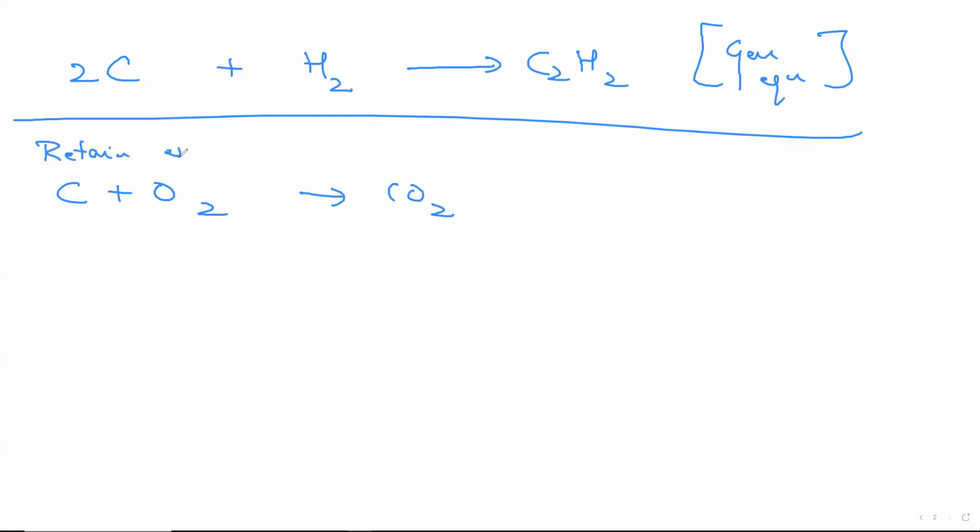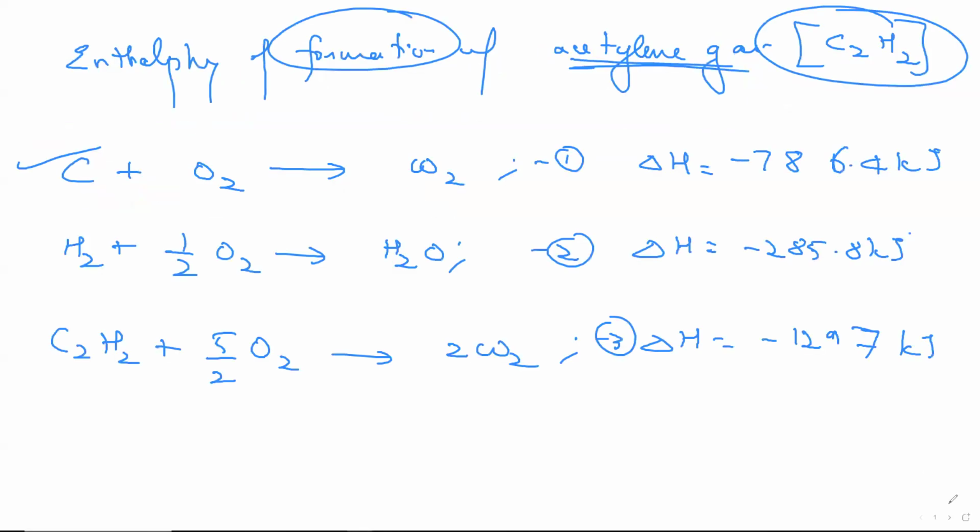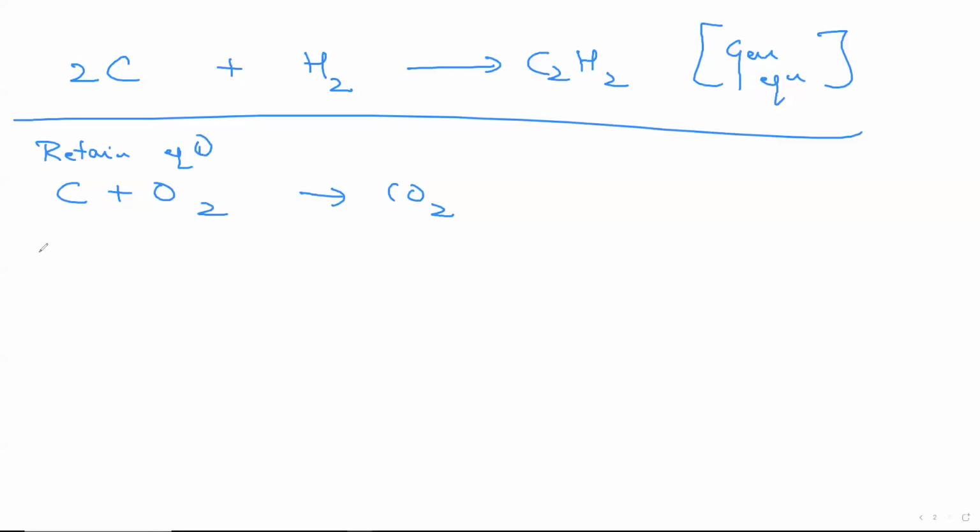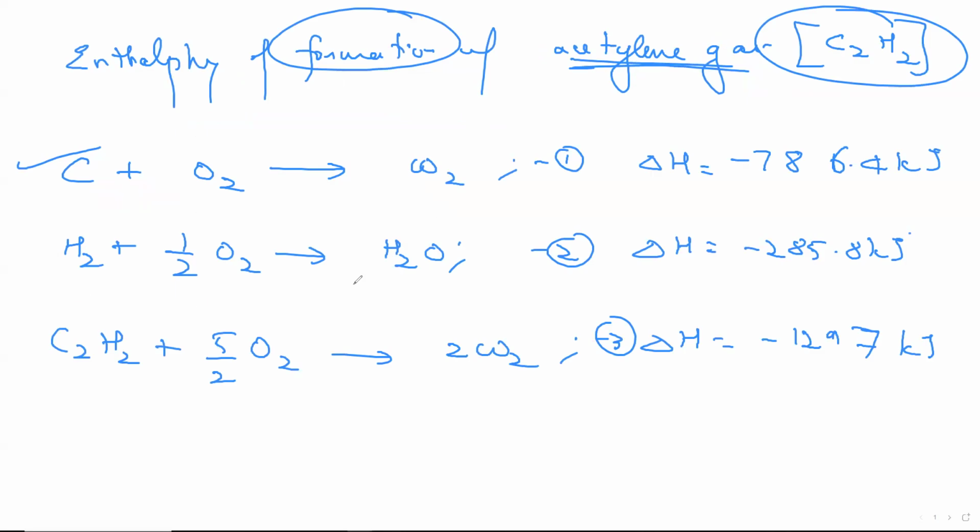Retaining equation 1. Now next, I wanted H2 on the left-hand side. I'll retain that also. So retaining equation 2, it becomes H2 plus half O2 gives us H2O. Now, for the last one, I'm supposed to reverse it, because I wanted C2H2 on my right-hand side.